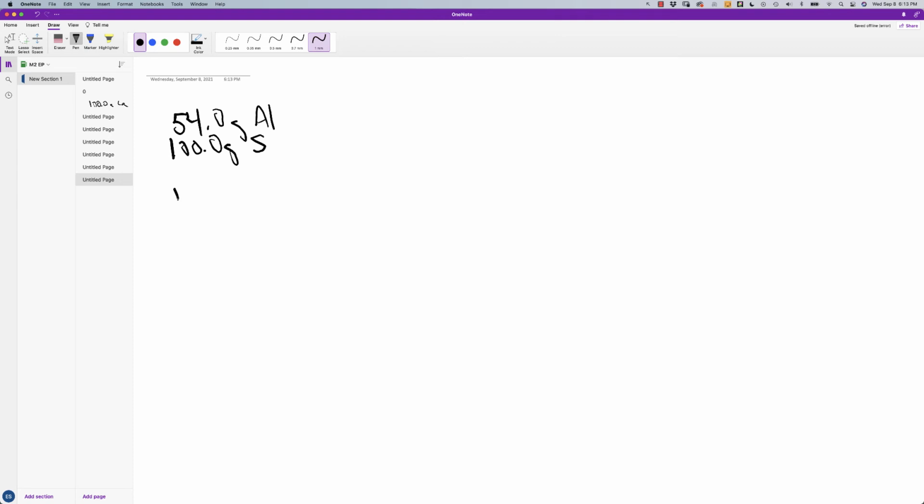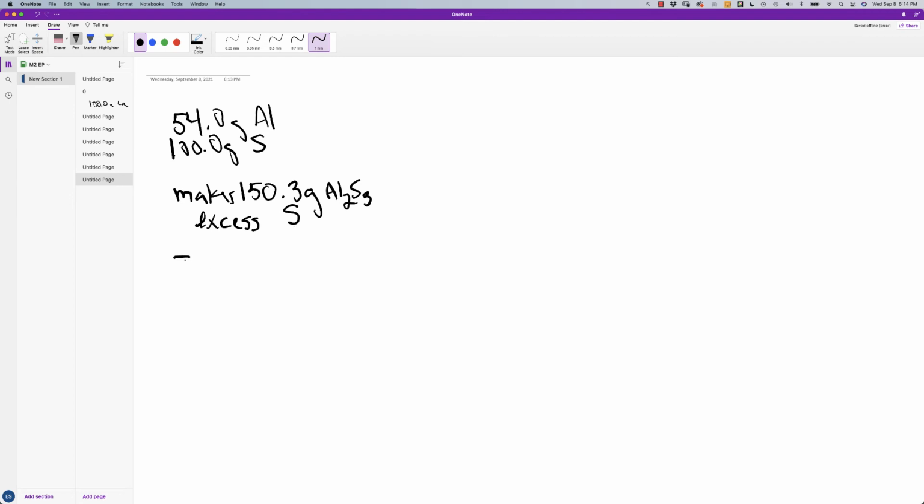And this makes 150.3 grams of aluminum sulfide. Don't worry about the written molecule. I'm just doing it because it's easier than writing out aluminum sulfide. We'll learn how to make these formulas in the future. Okay. We also know that we will have excess sulfur.